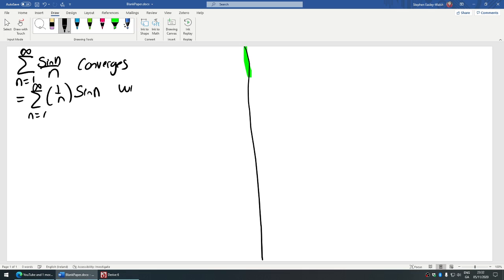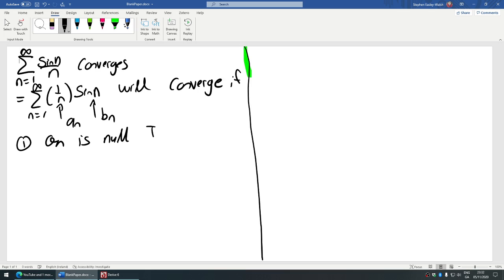It says this will converge, and then you call this an and you call this bn, will converge if number one, an is null, and here it's true because as n goes to infinity 1 over n goes to 0.